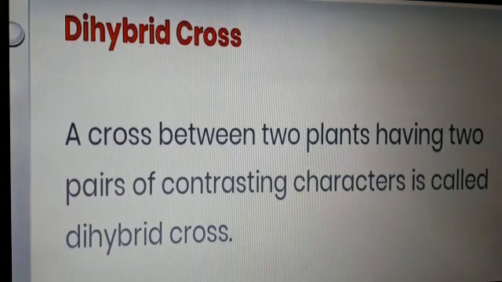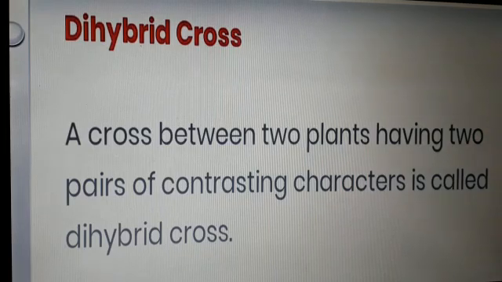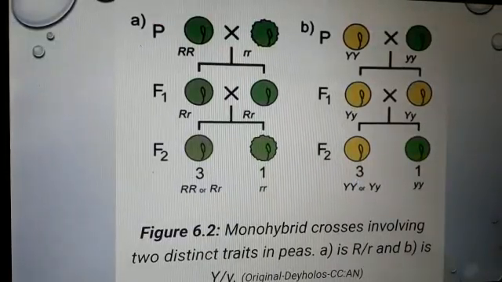The contrasting traits chosen by Mendel were color and shape of the seed, and these were round yellow and wrinkled green. If we revise what we have done in monohybrid cross with a tall and a dwarf plant, the same experiment we can perform with the help of round and wrinkled seeds and yellow and green seeds.